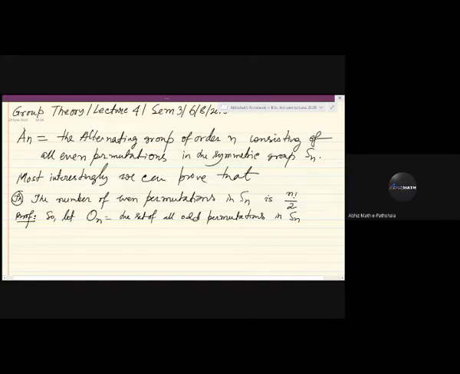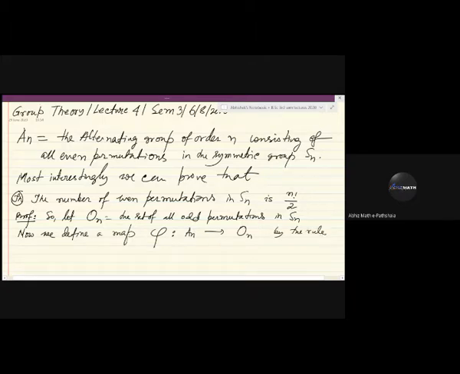Now we define a map phi, phi colon An to On.